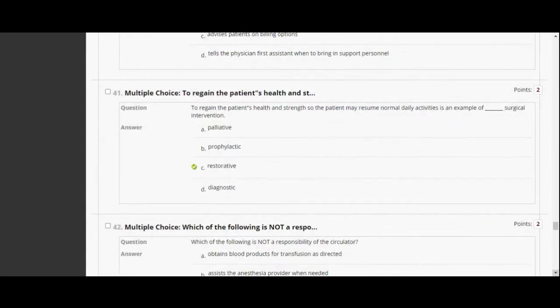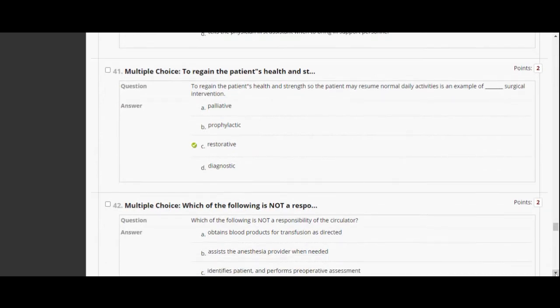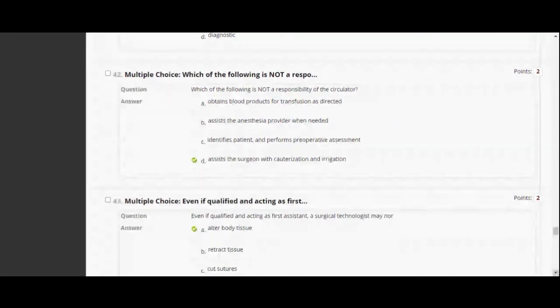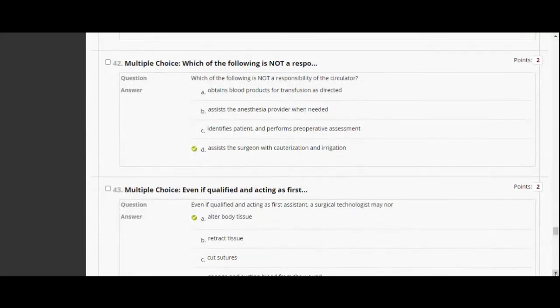To regain the patient's health and strength so the patient may resume normal daily activities is an example of restorative surgical intervention. Which of the following is not a responsibility of the circulator? Assist the surgeon with cauterization and irrigation.